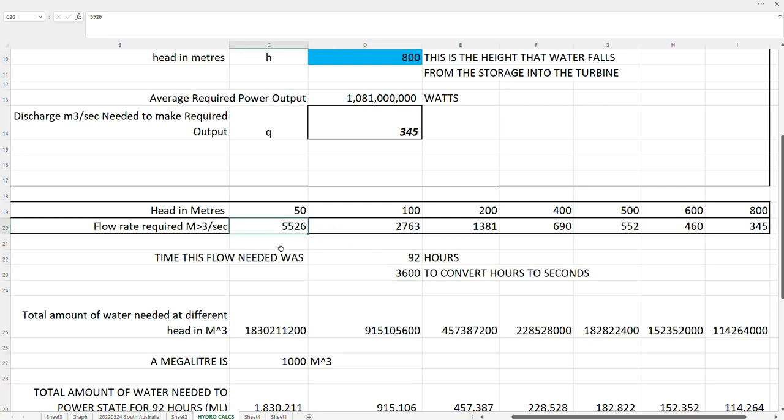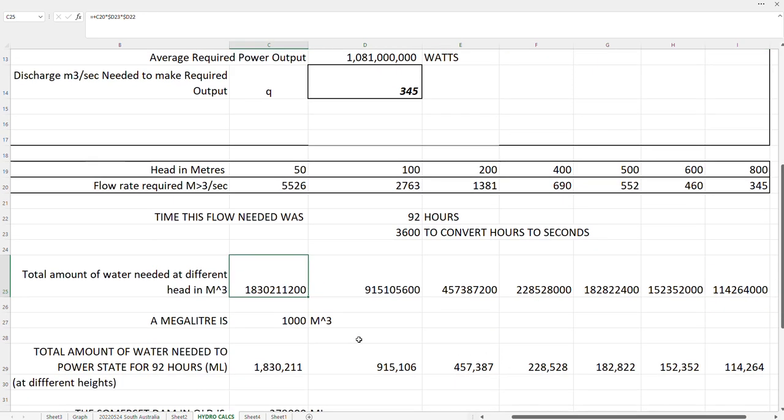So you have 5,526 metres cubed per second for 92 hours gives us this many metres cubed of water required to produce that amount of electricity. And if it's a 400 metre head, you need this much, and if it's 800 metre head, you need this much. And all these numbers they're just huge, they're pretty much incomprehensible.